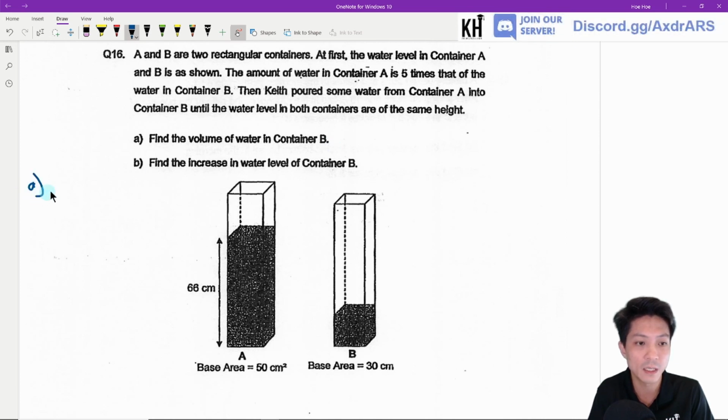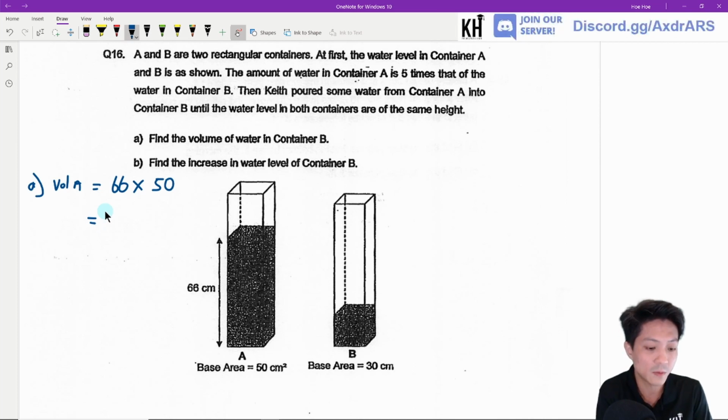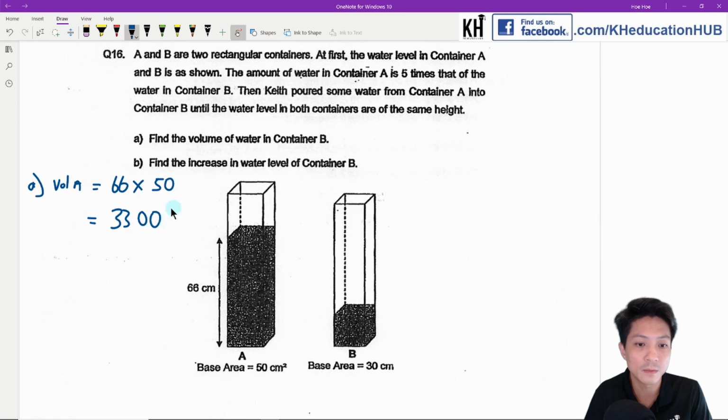Okay, so for part A, first we need to find the volume of water in container A. So the volume in A will be equal to 66, the height, multiplied by the base area. So 66 times 50 is 3,300 cubic cm.